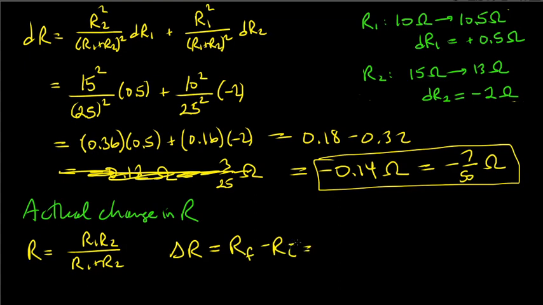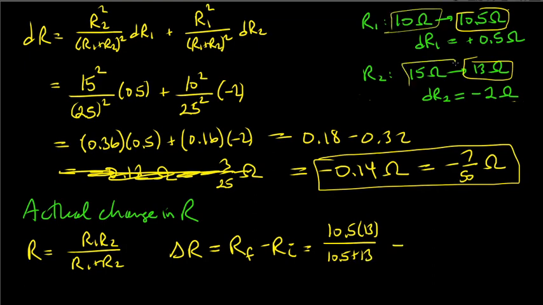So the final resistance is, let's see, R1 is 10.5 and R2 is 13. So we're going to get 10.5 times 13 divided by 10.5 plus 13, and then minus the initial, where R1 is 10 and R2 is 15. So this is 10 times 15 divided by 10 plus 15.